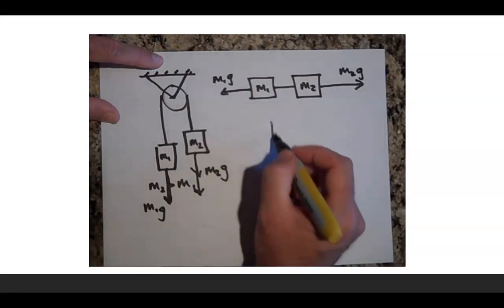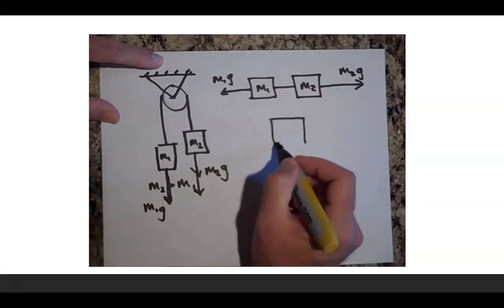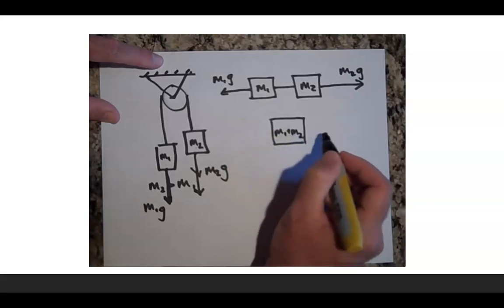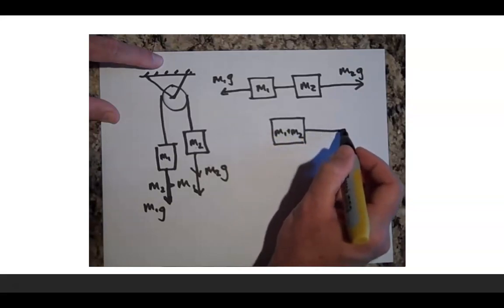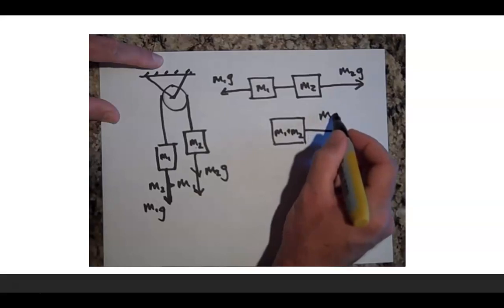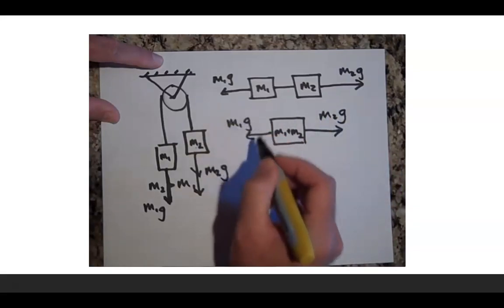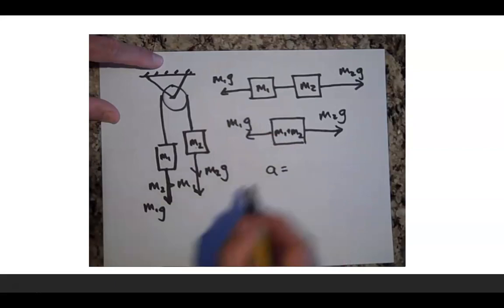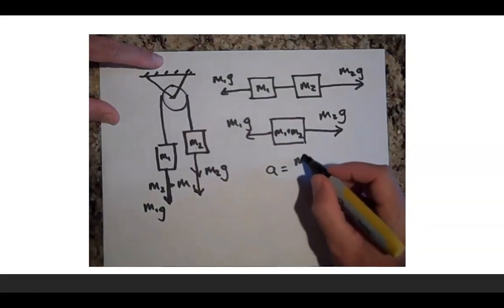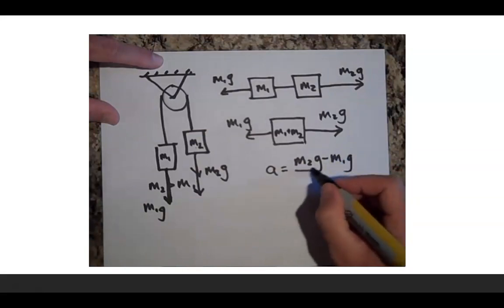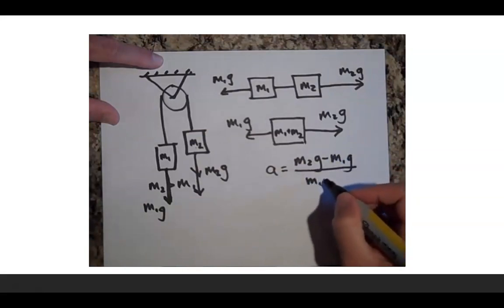And isn't this the same thing that is just one big system of m1 plus m2 being pulled with these two forces? So the acceleration of this system is going to be m2g minus m1g all over m1 plus m2.